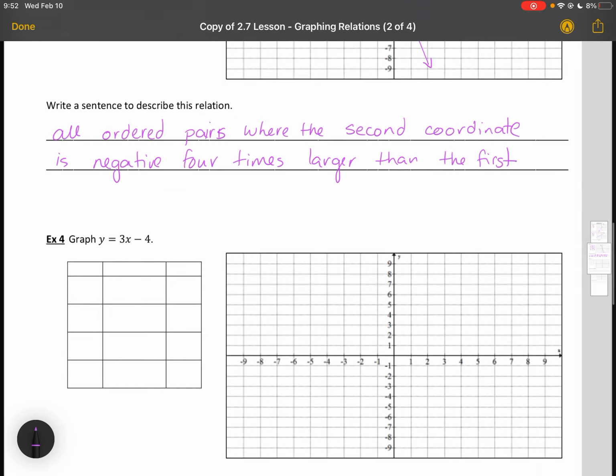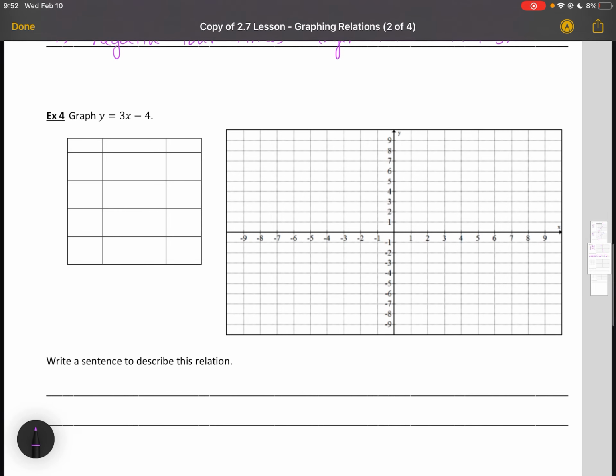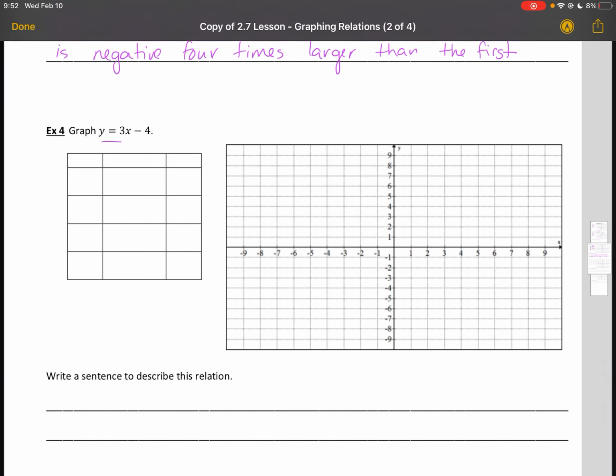Okay, let's do another example. I think we've got 2 more. So again, we're given an equation. And I'm going to put in my x value, what I'm doing to my x value, and then my y value to complete my table. I'm going to choose my values for x. There's 1 there.